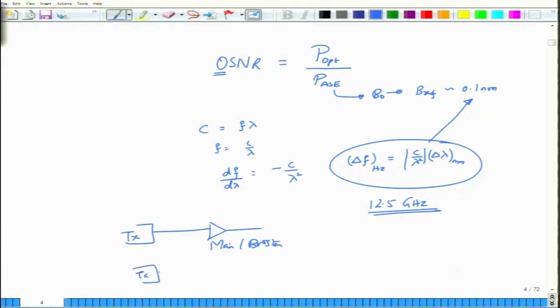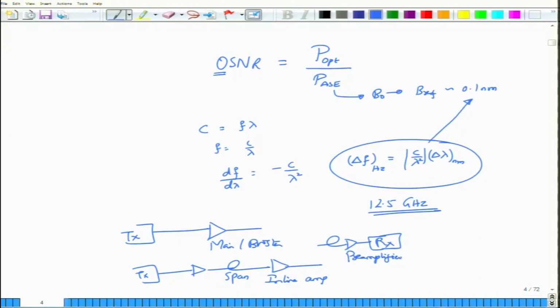Then you have a transmitter, a booster or main amplifier, fiber, and then an inline amplifier after the pulse has propagated over one span. This is also possible, and at the receiver, just before you take the signal into the receiver, after the last mile of the fiber, you have one more amplifier which is called the pre-amplifier.